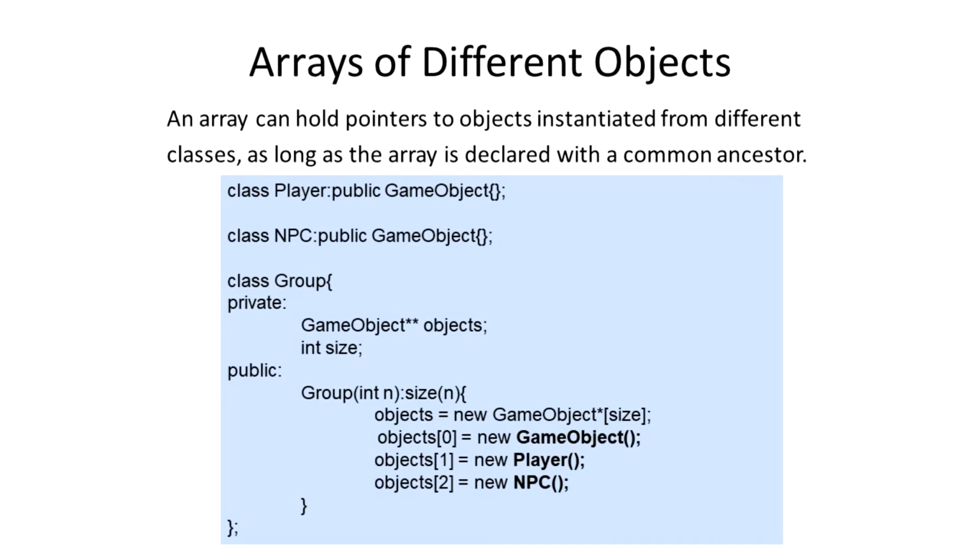And the inheritance hierarchy is only one way. It only works from the parent down to the child. It's the child that inherits from the parent, not the other way around. So just remember that if you want to create your array to store objects of the inheritance hierarchy, you have to create it of parent type rather than child type.